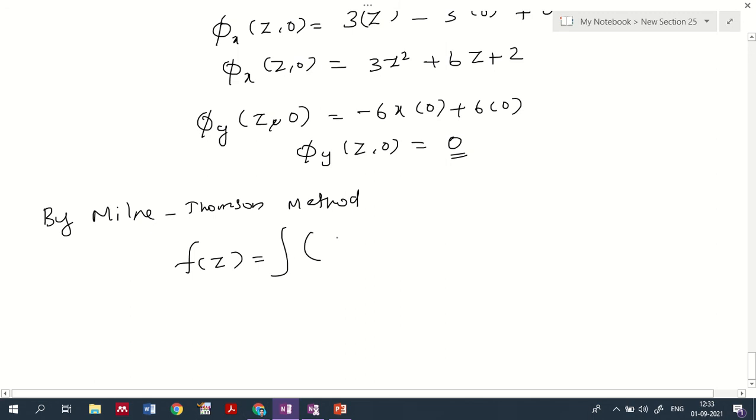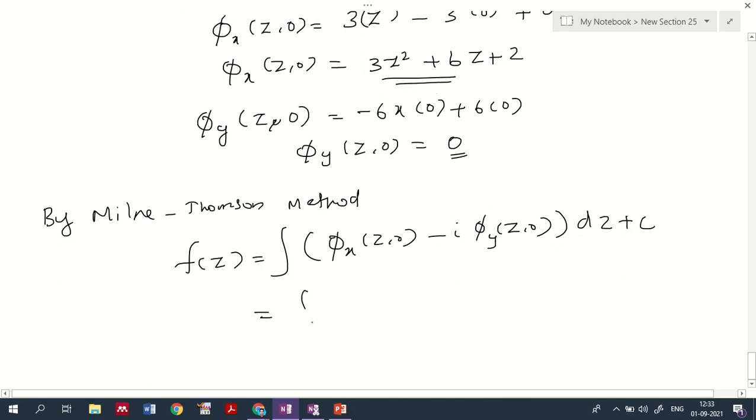That is integral phi x of z, 0 minus i phi y of z, 0 dz plus c. Okay. Now if I substitute phi x of z, 0 and phi y of z, 0 here, so then I'll be getting what is phi x of z, 0? That is 3z square plus 6z plus 2. Okay. So integral 3z square plus 6z plus 2.